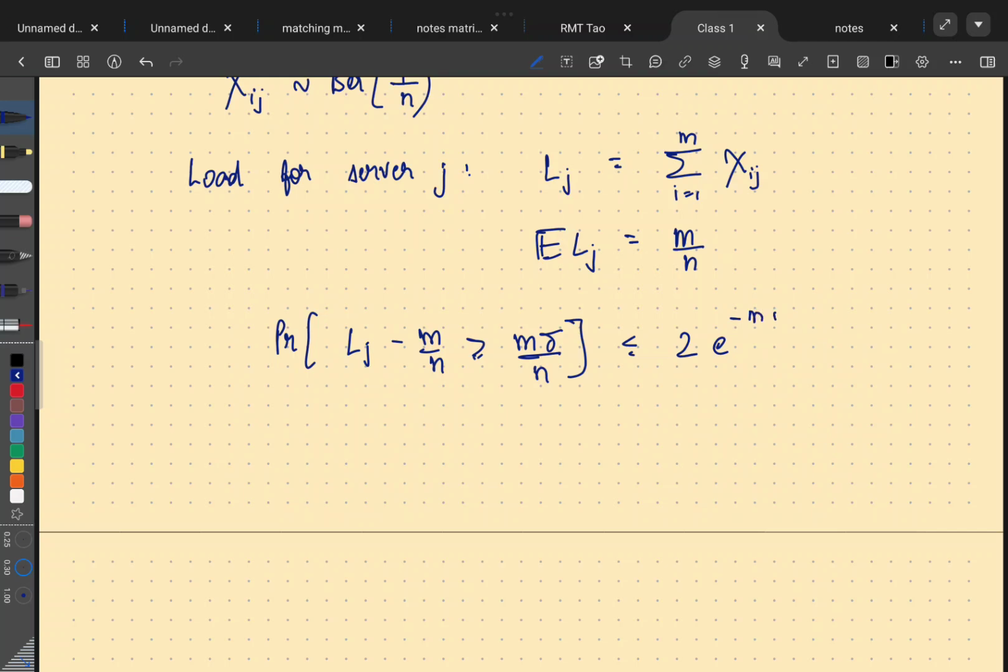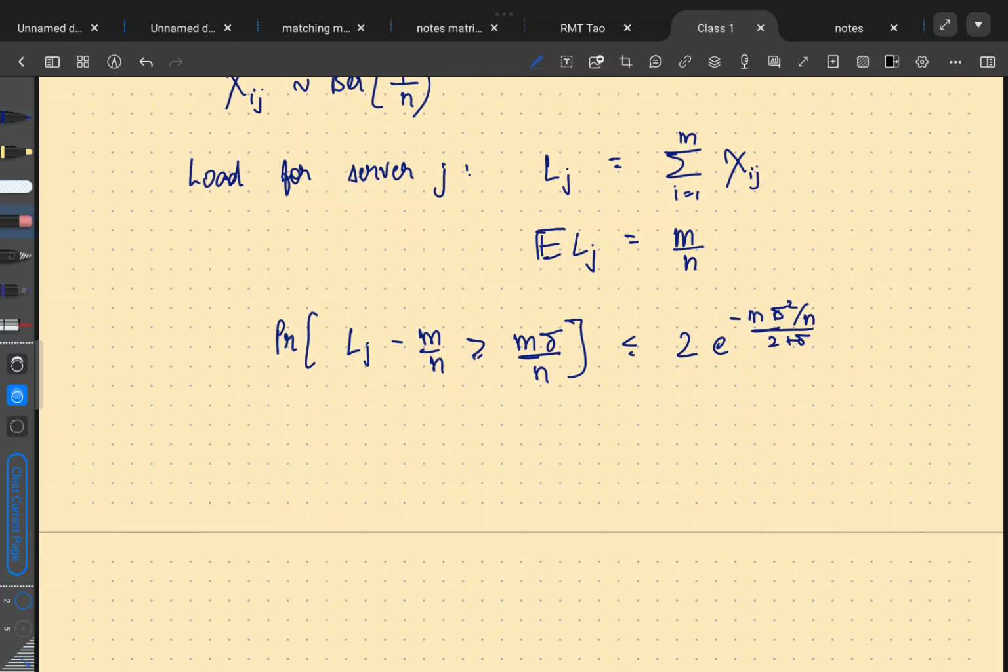So this would be m delta square, p is 1 by n, whole divided by 2 plus delta. Here we're dealing with a summation, not divided by m. Good point. We should take L_j by m. That's still okay because the expectation would again be normalized.